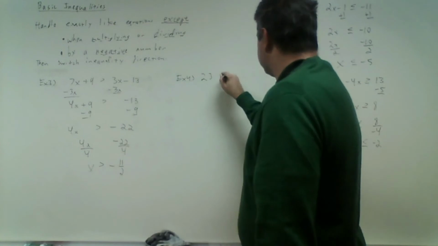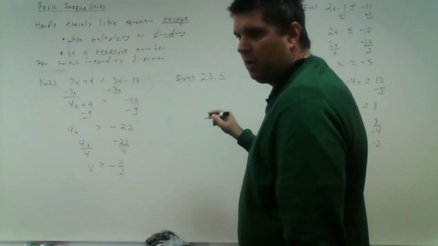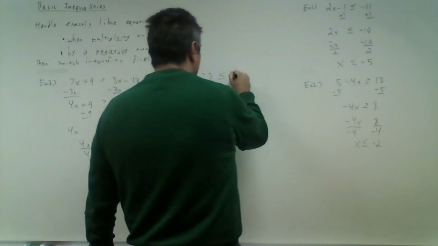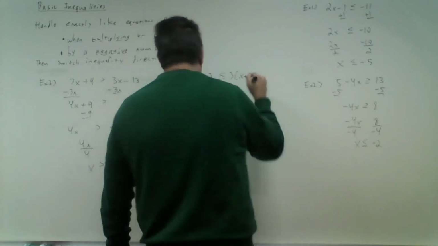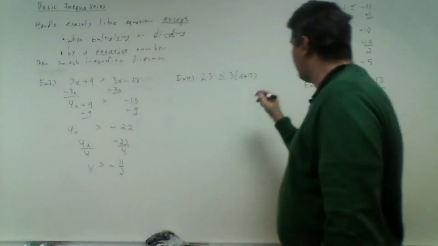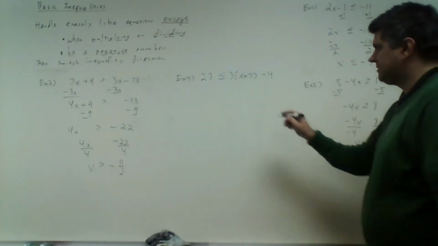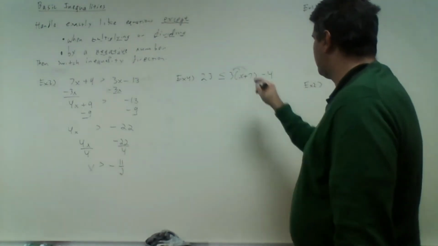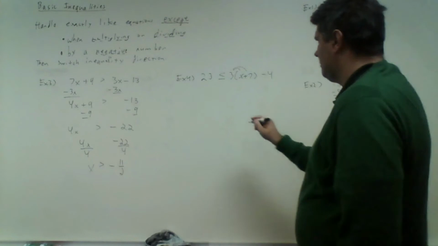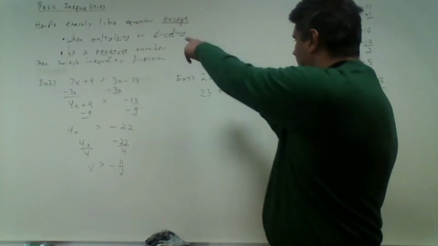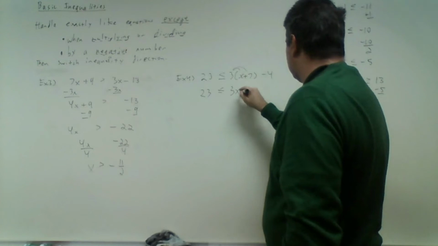Example 4, 23 is less than or equal to 3 times x plus 7 minus 4. Once again, we would distribute the 3 through, because we always handle these exactly like equations, except for that exception right there.